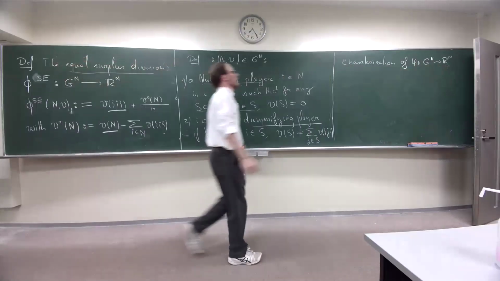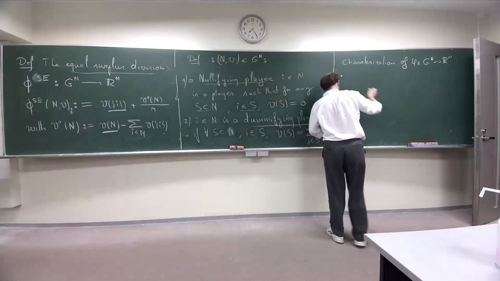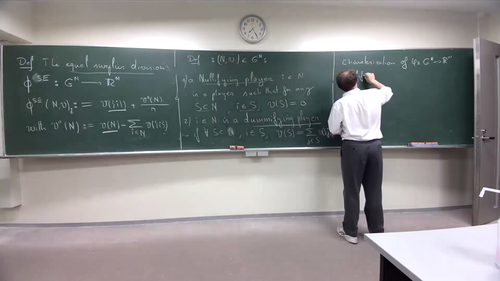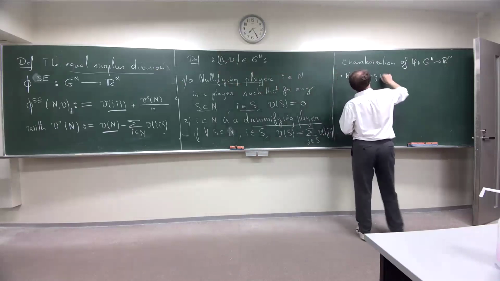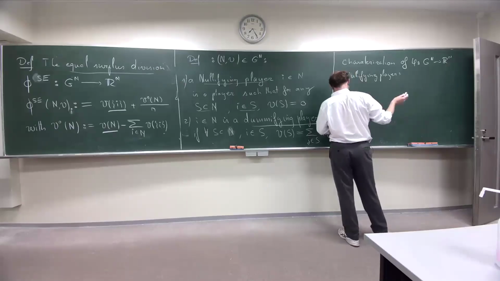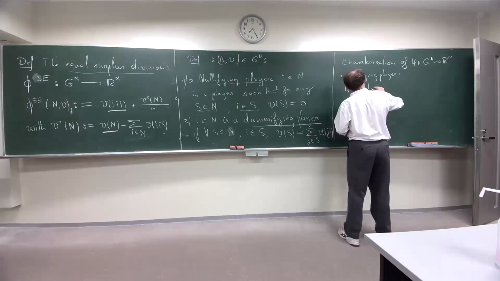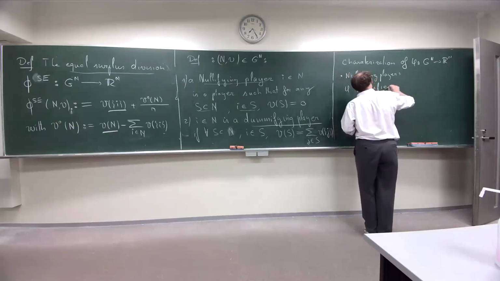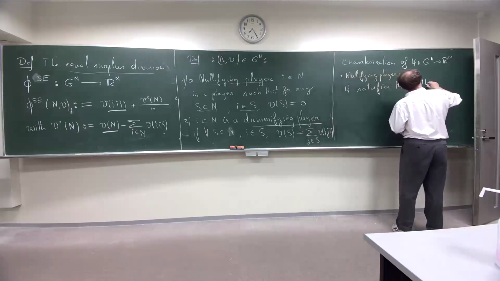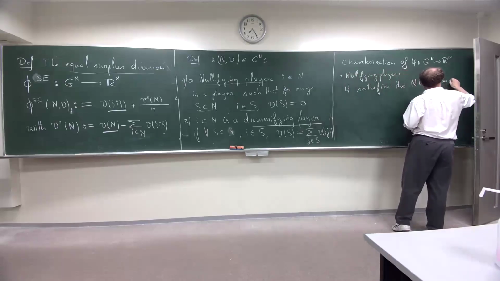The first one is related to the nullifying player. It's called the NULG condition.